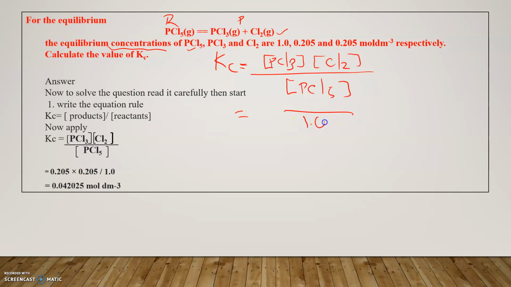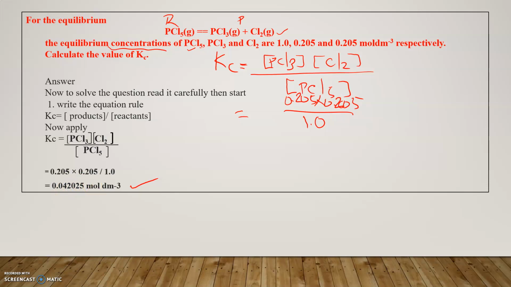And for PCl3 and Cl2, 0.205 times 0.205. When you multiply that, divided by 1, it gives you that number, 0.04202025 mole per dm cube.